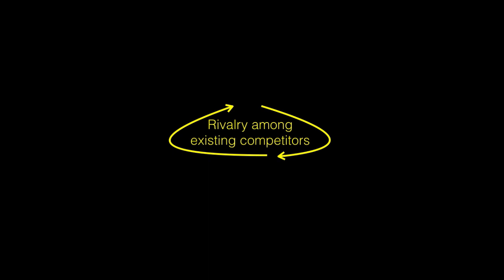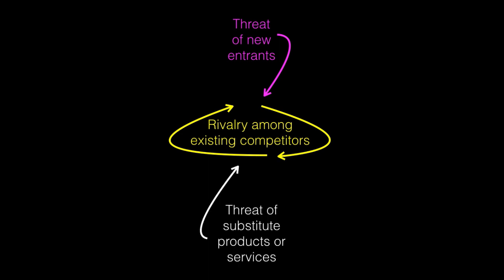The 5 forces analysis introduces 4 additional forces that affect the share of potential industry earnings that a firm is able to capture. For instance, there may be a strong threat of new entrants into the market because of low barriers to entry. This would constrain the ability of incumbent firms to price above marginal cost. There may also be a threat of substitute products or services. This too would constrain the ability of incumbent firms to price above cost to earn economic profit.